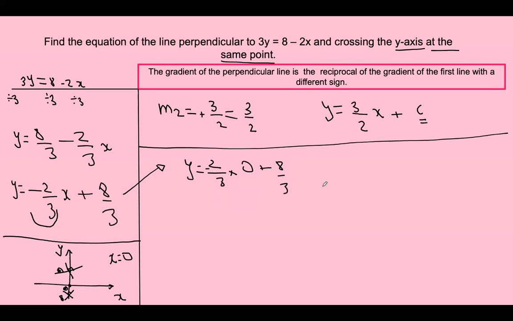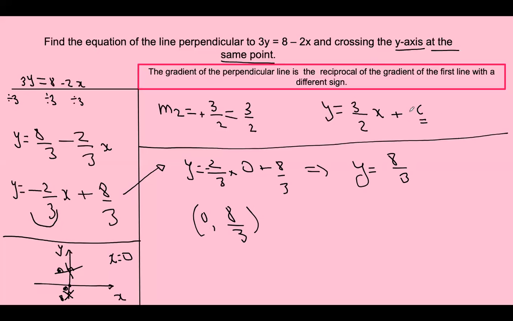So all this is 0, so y equals 8/3. And suddenly we know the coordinates of the point that not only the first line but the second line goes through. So what are the coordinates of that point? It is going to be 0, 8/3.